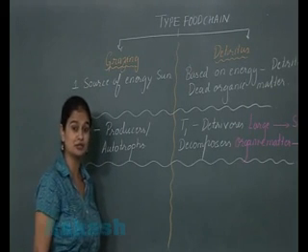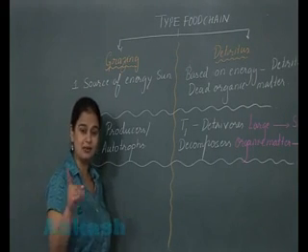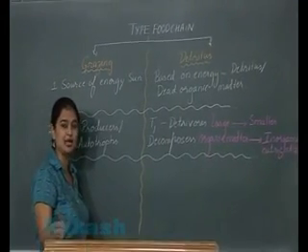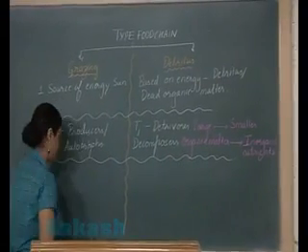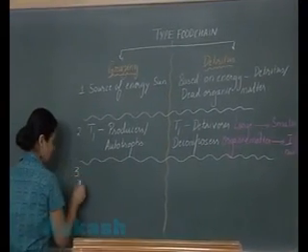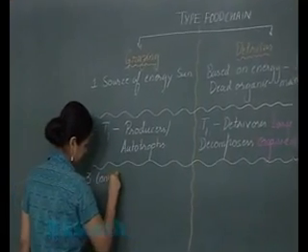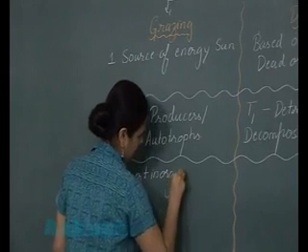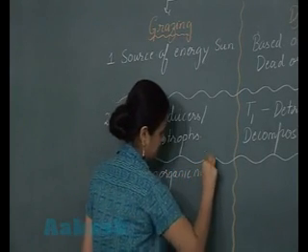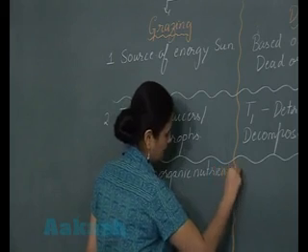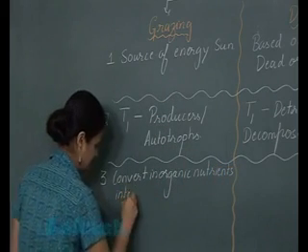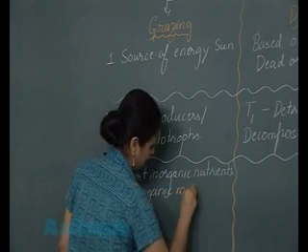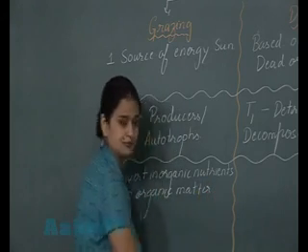So what is the function of the producers? They have the ability to change the inorganic nutrients into the organic form. They will convert the raw material, inorganic nutrients, into food, or you can say into organic matter.